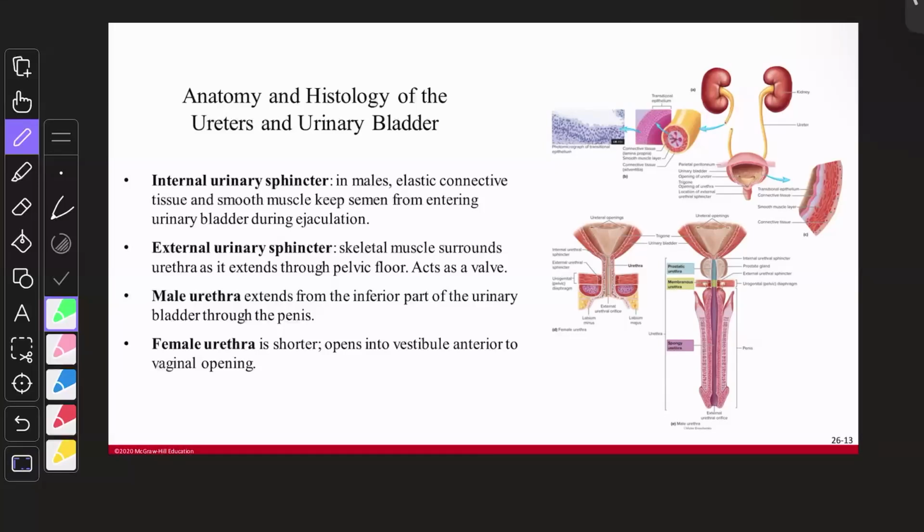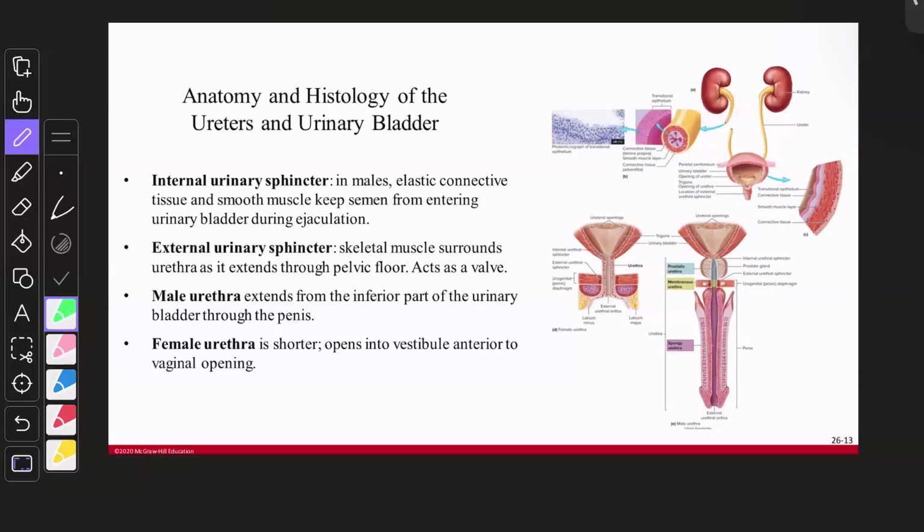And just like the multifunctional tube we talked about that shares both respiratory and digestive system, you've got to have structures to keep things from going the wrong way. In the male urinary system, there is an internal urinary sphincter that will close off the bladder during ejaculation to prevent semen from entering the bladder. That would create one really unpleasant bladder infection.